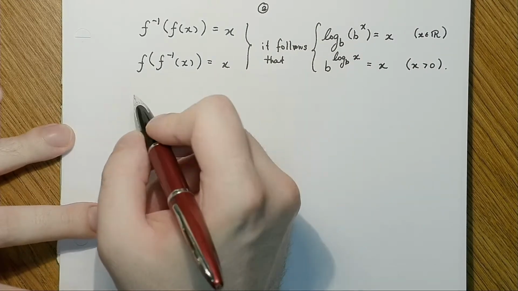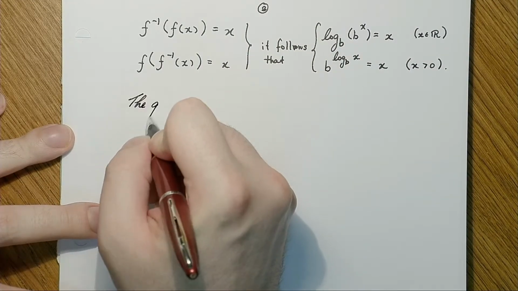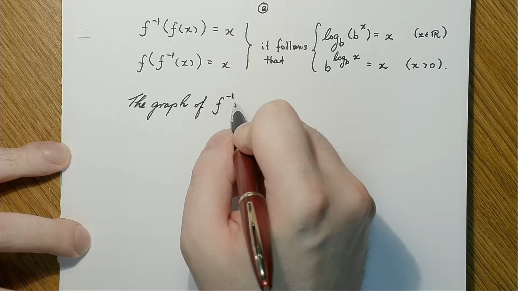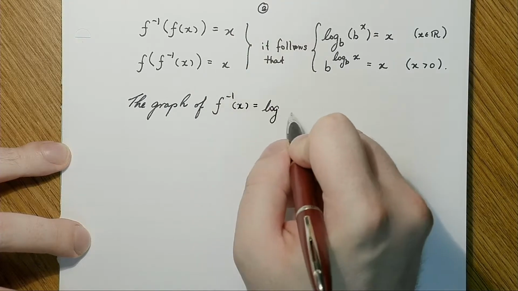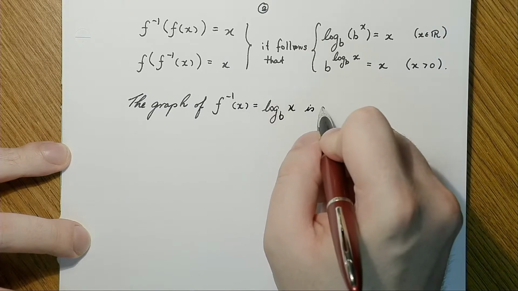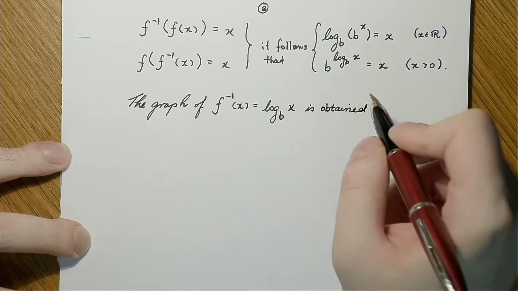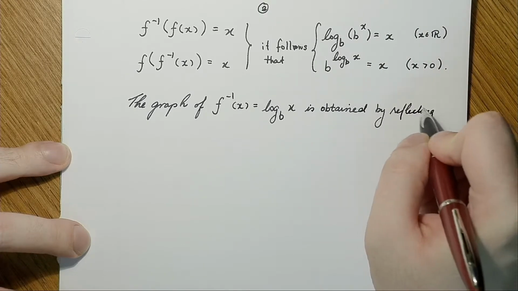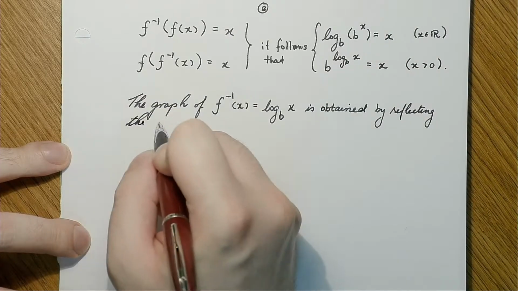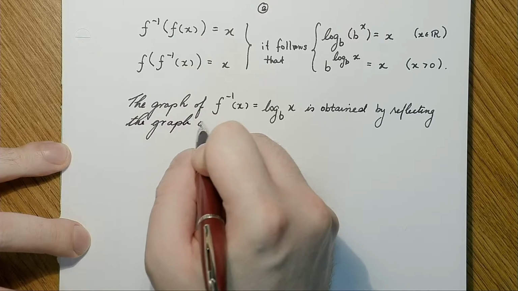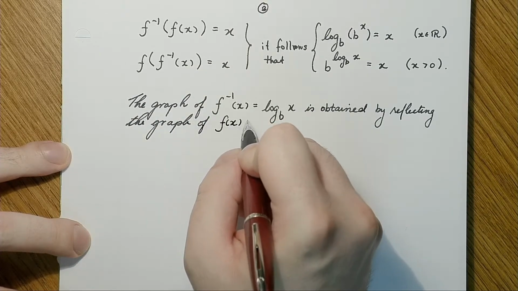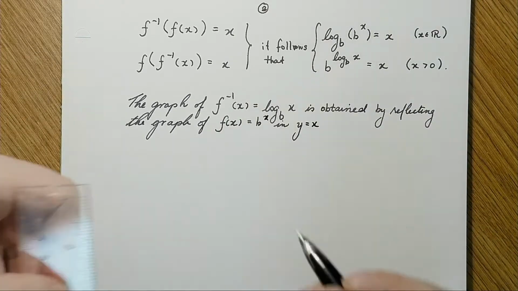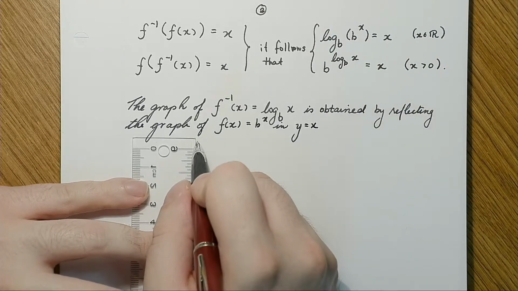Okay, so maybe I'll write that out so that the graph of that function is obtained by reflecting the graph of the original function, which is our exponential function, in y equals x. So let's see how well I do this.